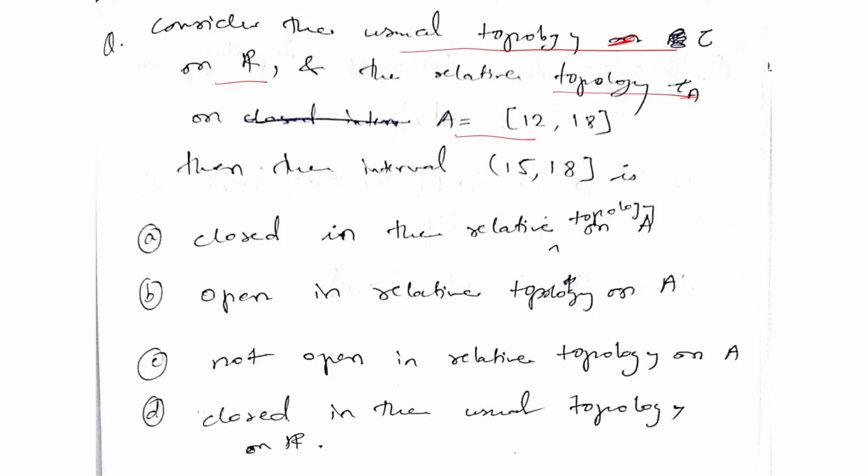Basically, you have the usual topology on R. What will be the open sets in this usual topology? Think about which kind of intervals will be there in the usual topology tau, and then accordingly check for the relative topology A, and decide whether this interval is closed, open, or what in the particular topology asked.